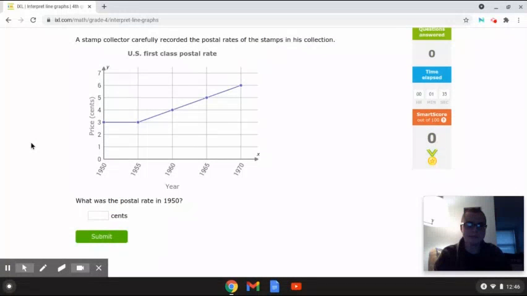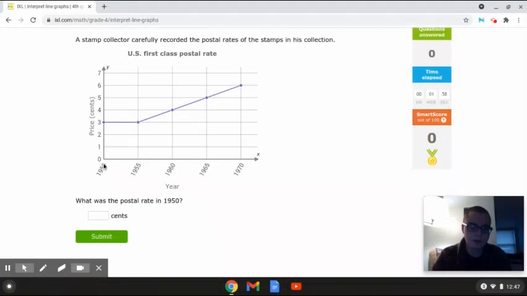All right, so this next problem reads, a stamp collector carefully recorded the postal rates of the stamps in his collection. This line graph is showing us the U.S. first class postal rate. The x-axis is showing us the year, and the y-axis is showing us the price in cents. This question is asking, what was the postal rate in 1950?